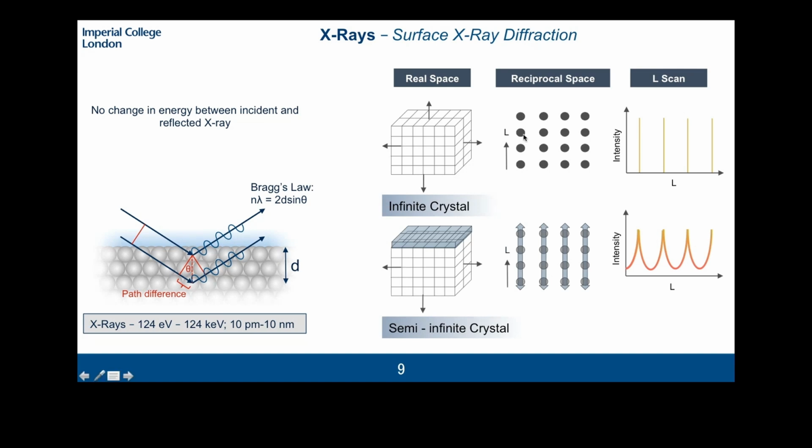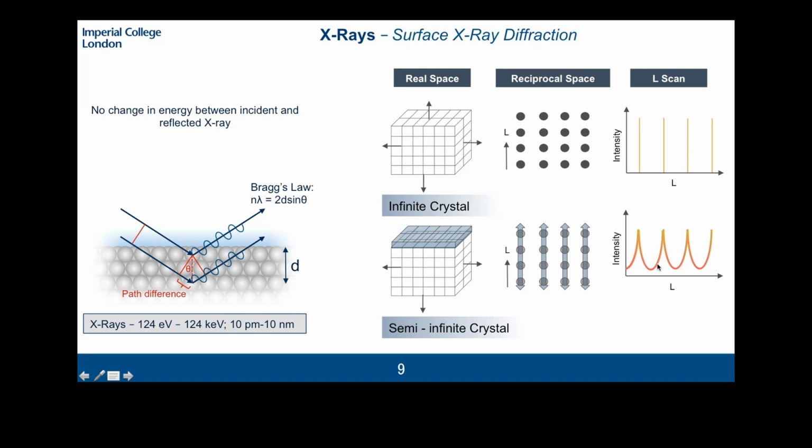Now when you have a truncated surface, you have not just these areas of infinite intensity at discrete L values, but you also have non-zero intensity between these L values. This is called the anti-Bragg region. Where you have this infinite intensity, that's the Bragg point, and the regions in the middle are the anti-Bragg regions.